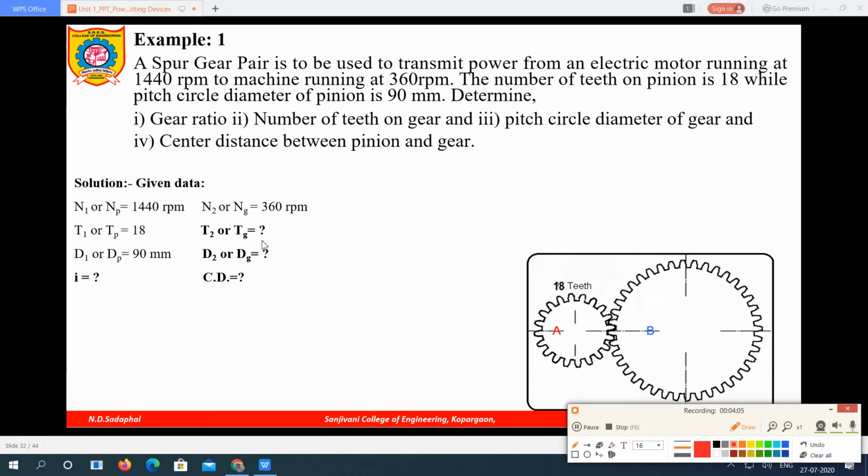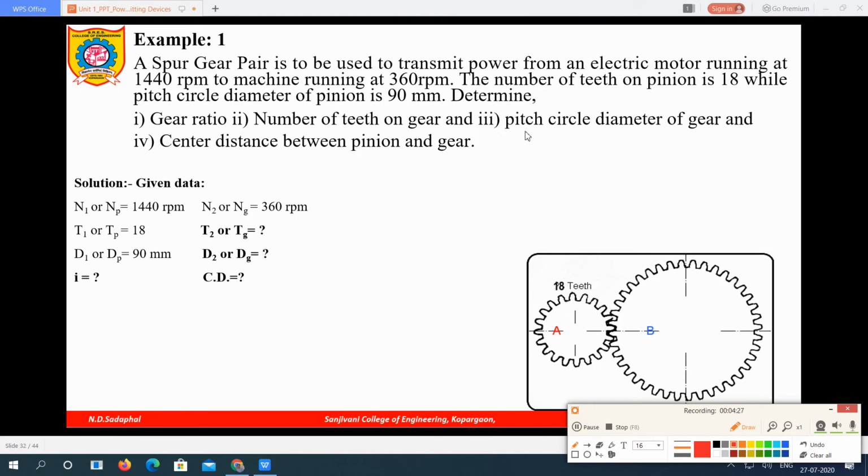And next, what is given? The pitch circle diameter of the pinion is given. So the input gear diameter is given: PCD, or capital D1 or DP, is equal to 90 mm. What do we have to find out? The gear ratio i. Then the number of teeth on the gear, T2 or TG.